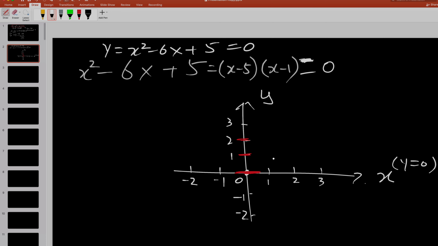When you equate to 0, your first bracket will be 0. Your second bracket will be 0 as well. So over here will give you x equal to 5, right? Over here will give you x equal to 1. Actually, these two, x equal to 5 and x equal to 1, are given by your calculator just now. You can key in and verify yourself.